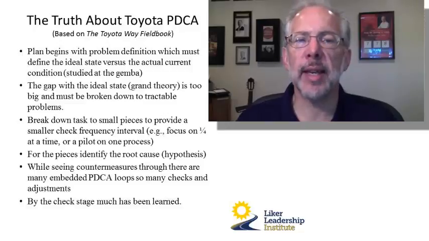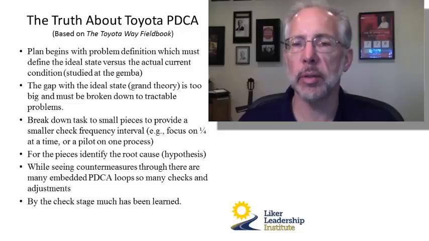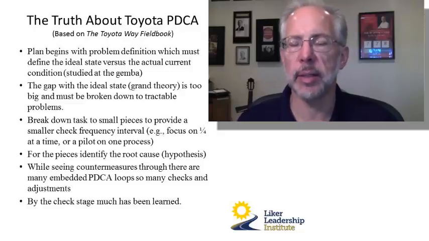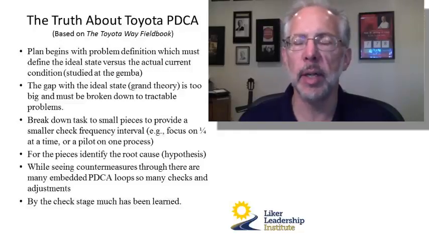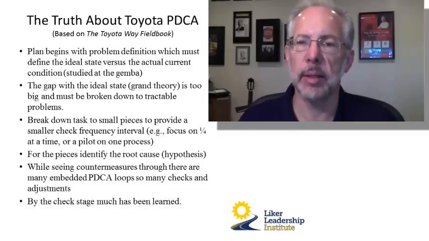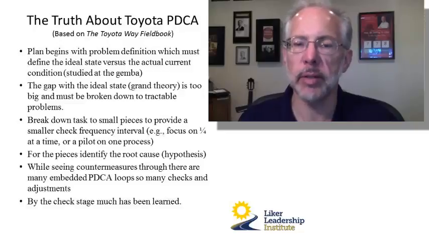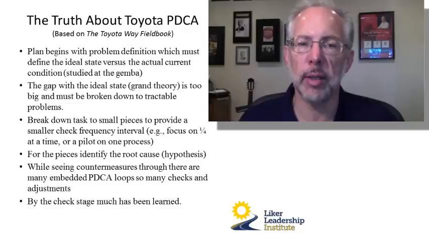As we're seeing countermeasures through, which is the doing part, there are in fact embedded PDCA loops. So in the case of that customer that had the stalling problem, we will try something, like it may be we think the problem is the oil mix that was put in the car, so we'll try a variety of oil mixes, to see if we can either cause the car to stall or not stall.